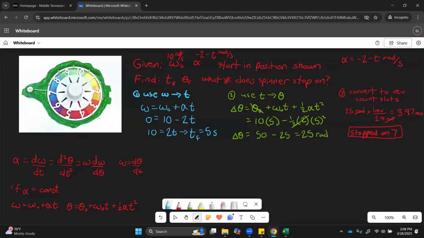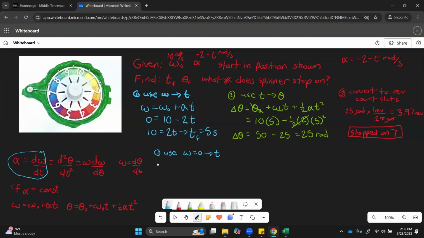So for step 1, we need to use omega to find t. We will use this equation here and integrate it. Step 1: use omega equals 0, solve for t.